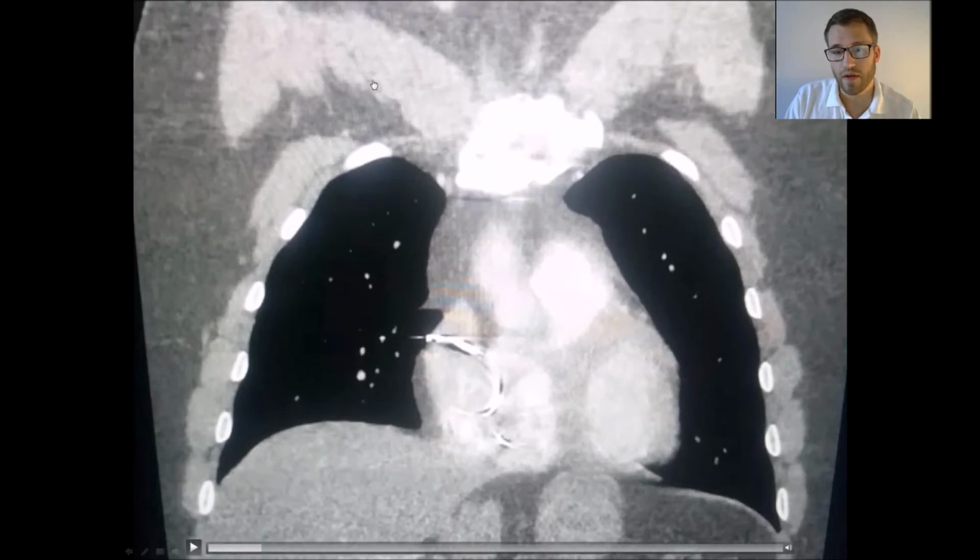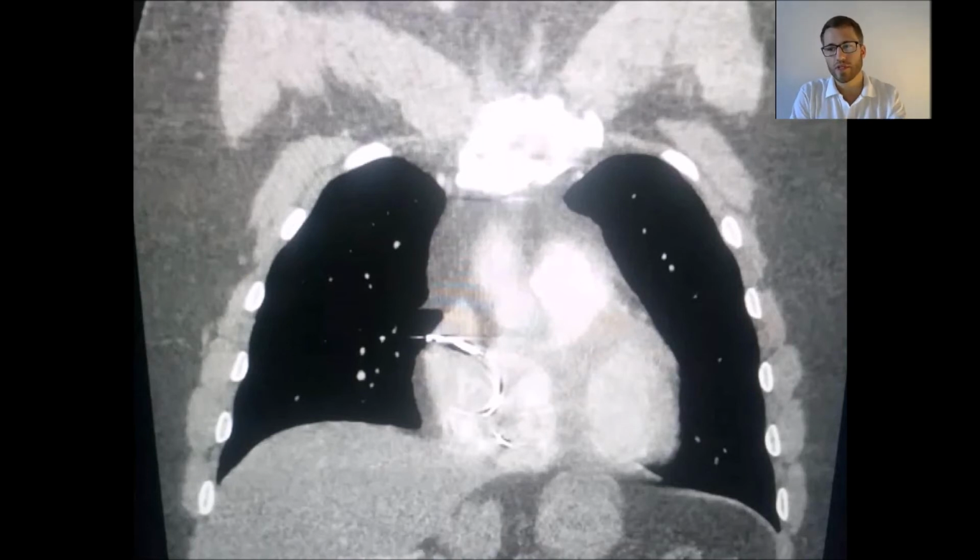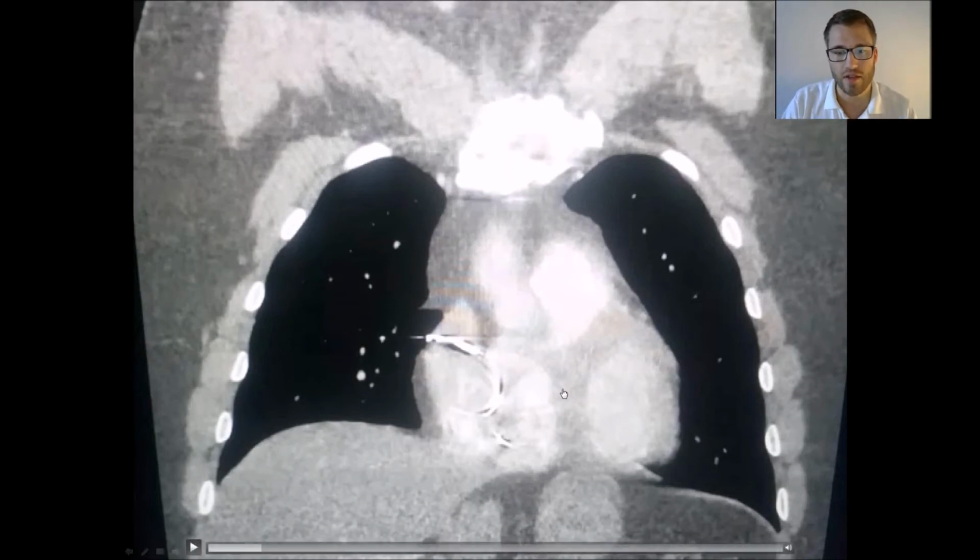And with this examination we had contrast given by a venous line that laid on the left cubital vein of the patient, and he lies on the back with his arms over his head, right arm and left arm.